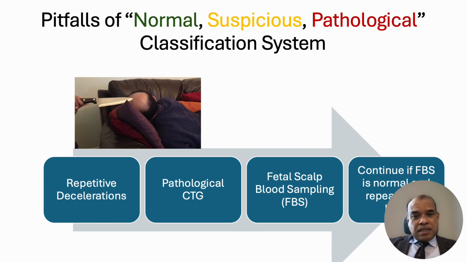Unfortunately, despite a study from Sweden suggesting that repetitive fetal scalp lactate doubled the cesarean section rate for women, and a multi-center trial in the UK that showed a 60% increase in cesarean sections without improvement in perinatal outcomes, the UK guideline did not stop fetal blood sampling until 2022.